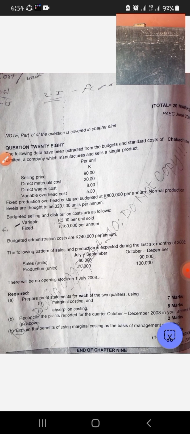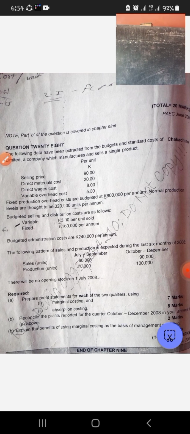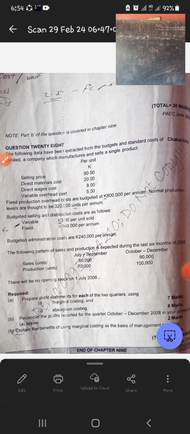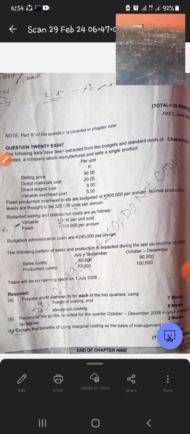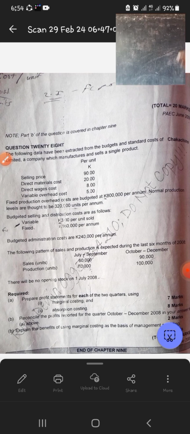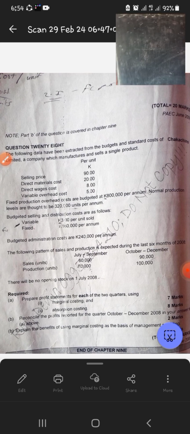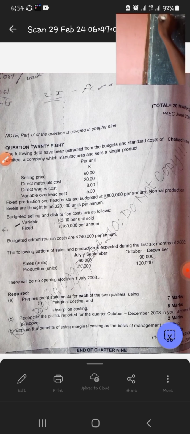The overhead has the variable overhead as well as the fixed overhead. So direct materials, direct wages, and the variable overhead make up our variable cost. When we are doing marginal costing, we are going to be using that as our cost per unit.